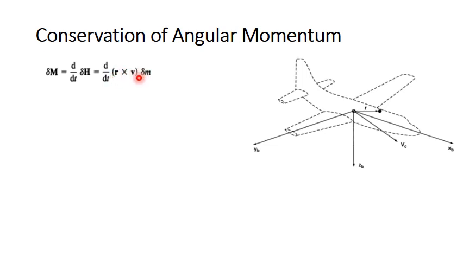But because m is a scalar quantity and v is a vectorial quantity, it is written like that: d by dt of r cross v, all times the infinitesimal mass.